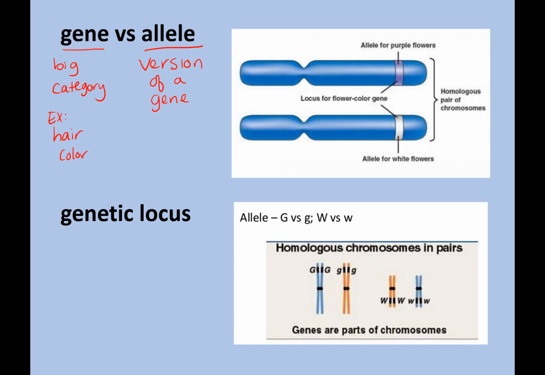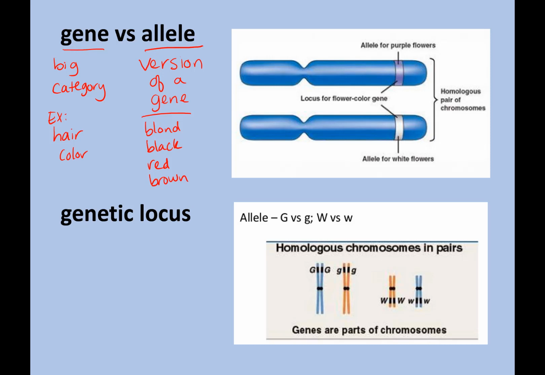And you could have the blonde allele, the black allele, the red allele, the brown allele, right? We have lots of variation. And when we teach genetics, sometimes we keep it pretty simple, and even things like hair color are encoded by multiple genes. But for the purpose of defining these genetic terms, okay, allele is the specific version of the gene.